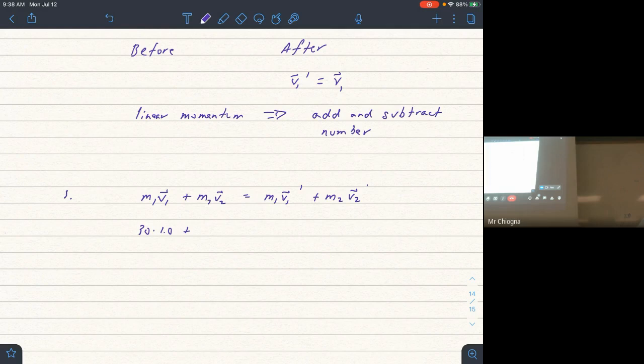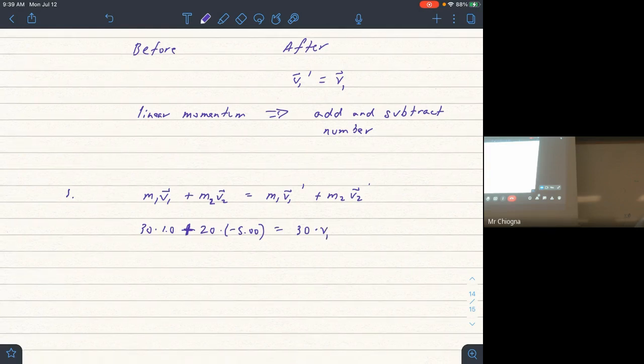There should be a 2 here, not clear. It hits a 20 kilogram object moving to the left. And left means put a negative in front. We don't know what the V1 prime is.